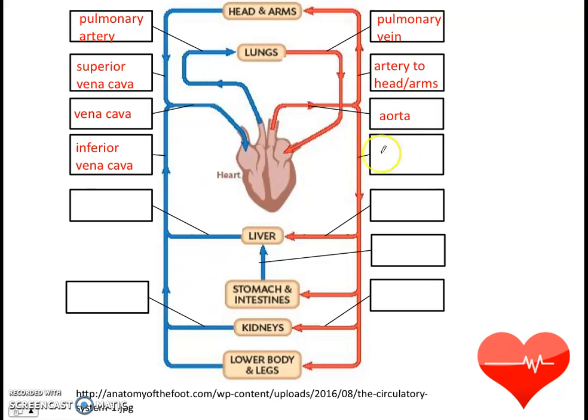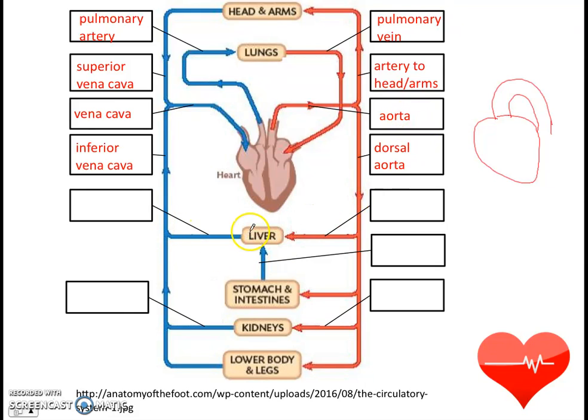And then there's a blood vessel that brings oxygenated blood to the lower part of the body, called the dorsal aorta. Remember in your diagram just now, okay, I'm going to draw the heart. You see the aorta always forming this arch, right? So it is this part that goes down to the lower part of the body that's called the dorsal aorta. Okay, not very important. If you can just remember aorta, that's good enough.